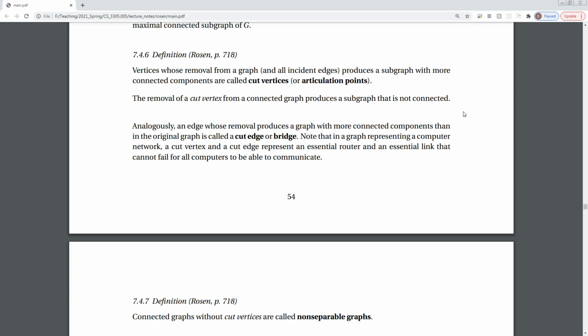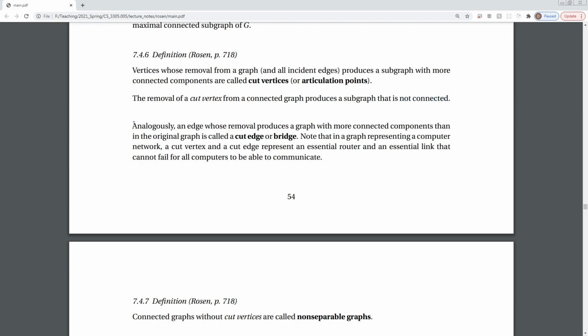It just means that you've broken it. It's no longer a single thing. Now it's broken, and how many pieces did it break into? The number of pieces it broke into are your connected components, and because it broke, we would say that it's not connected.